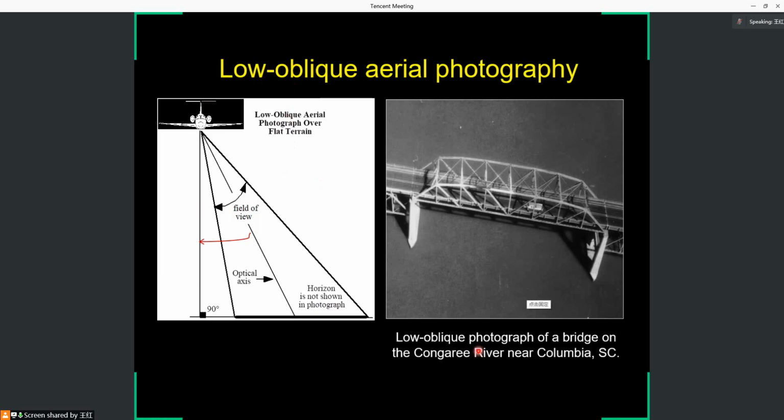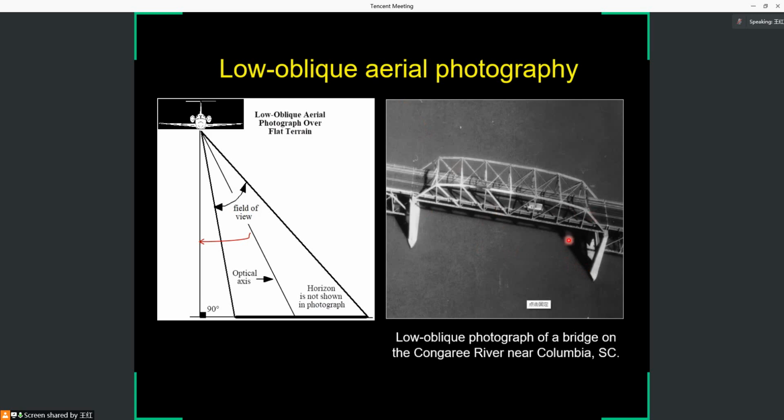You see, this is a low oblique photograph of a bridge. You can see the bridge runs this way, and you can also see its shadow. Maybe the sun is on the left, and you see the shadow here, and the shadow on the water also. You can see the height of the building on this bridge.